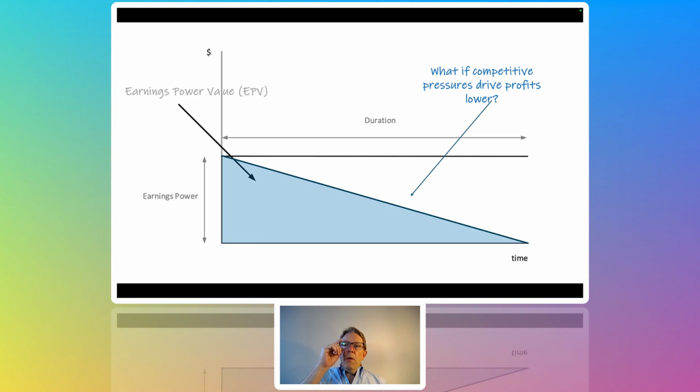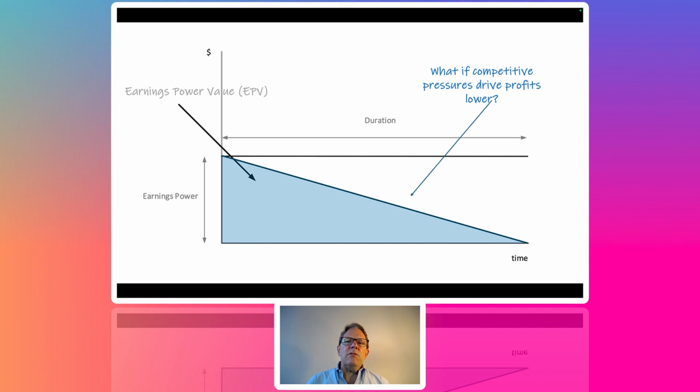All right. So if competitive pressures drive profits lower, then we can't use the formula. Now we have a problem, right? So the assumption of using the formula is that this level of earnings, what I'm calling earnings power, this level of NOPAT, is going to be steady for, again, I repeat myself a couple of times, maybe 5 to 10 years.